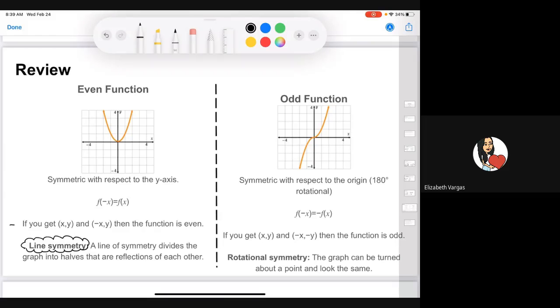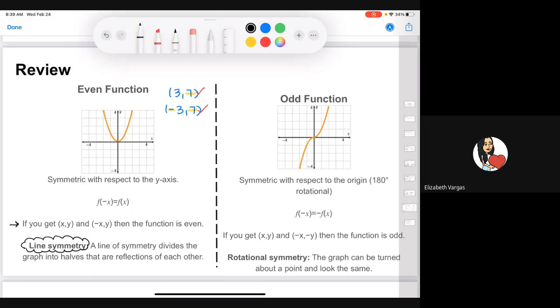For example, if I know that I have a function that has the coordinates 3 and 7, if I needed to get coordinates that were in fact even, I would have to do negative 3 and 7. Why? Because my x has to change to a negative, but my y has to stay the same.